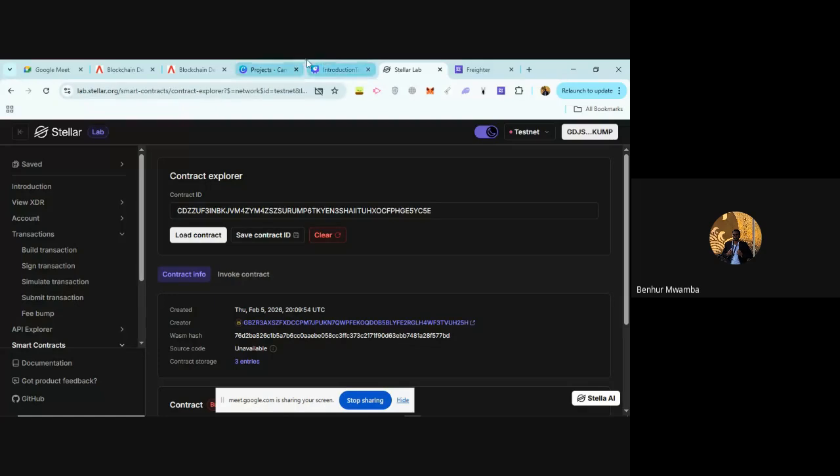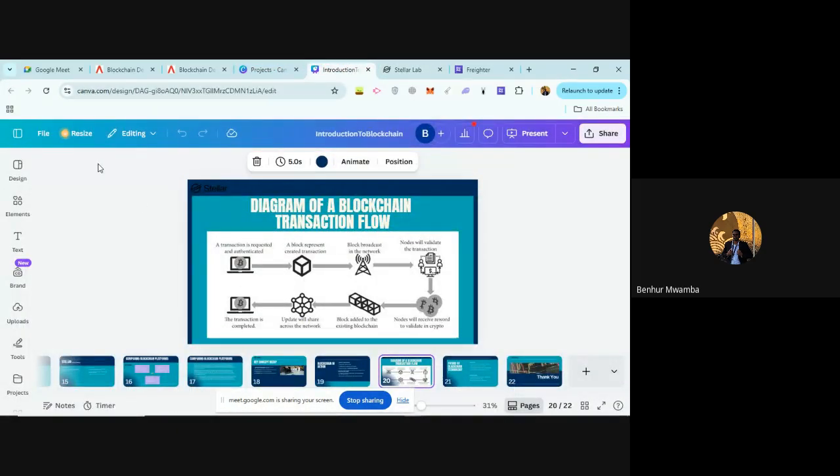Okay, so that was how blockchain works. So far, did anybody go through consensus? The second slide. Okay, two people. Three people, nice. Not in this course, but in a different one. Okay, nice.